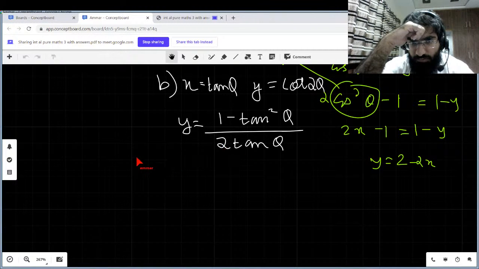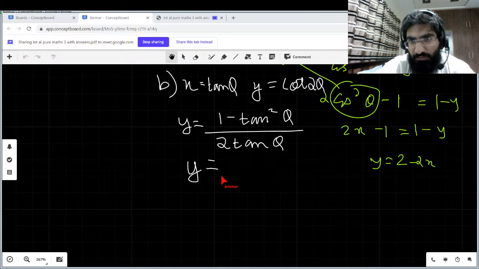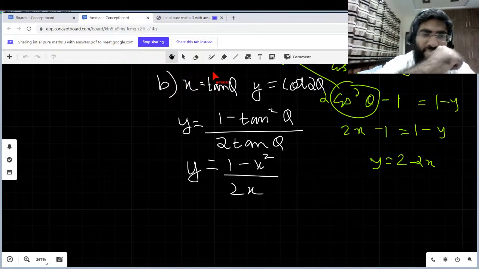So y is equal to 1 minus x squared by 2x.